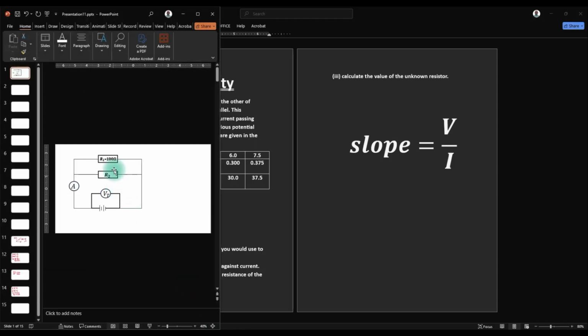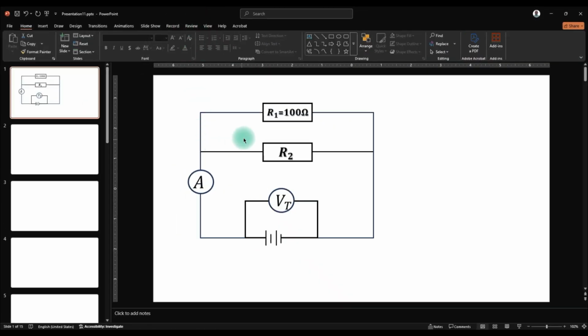So this is how the diagram will be for the two resistors in parallel to each other, one known, the other unknown. Again, we have the ammeter, and then a voltmeter connected across the power source. So this is the diagram for that experiment.